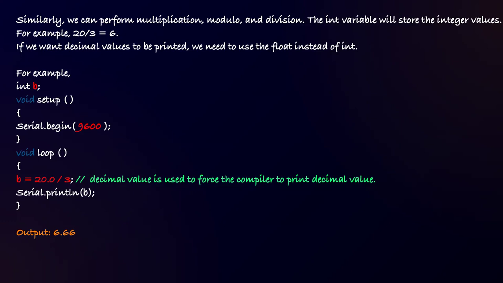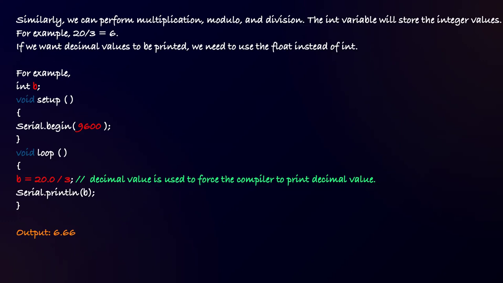If we had taken float, we would have got the decimal value. The decimal point is used to force the compiler to print a decimal value. Why are we using 20.0? Because since we have taken int, if we hadn't used 20.0, the output in decimal format wouldn't have been printed.